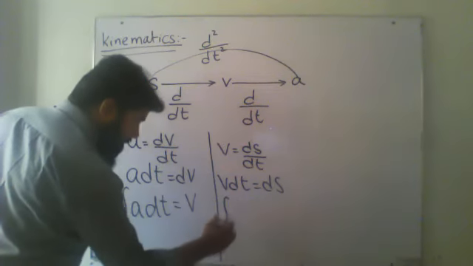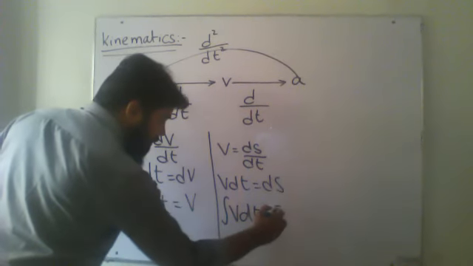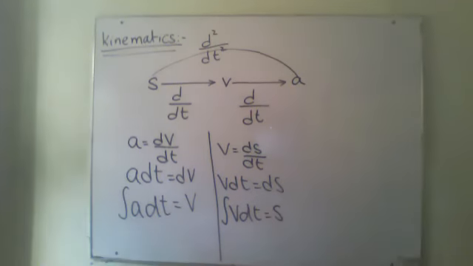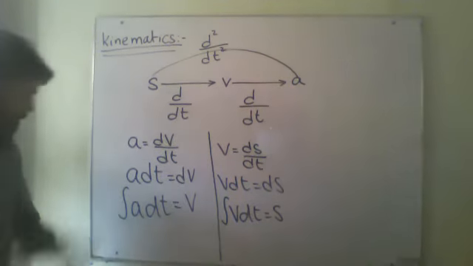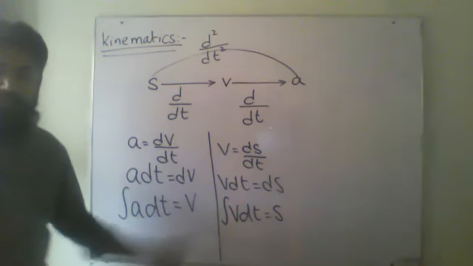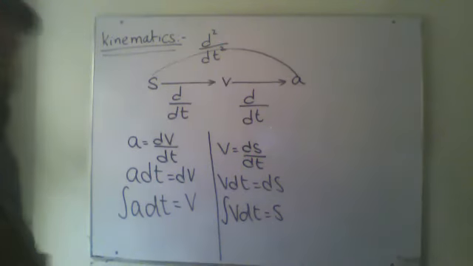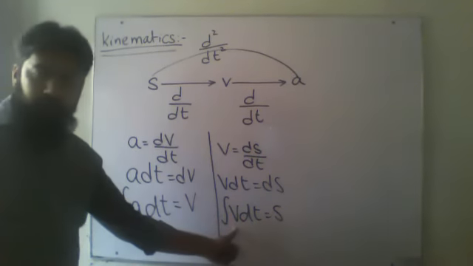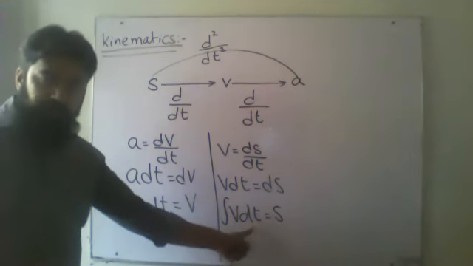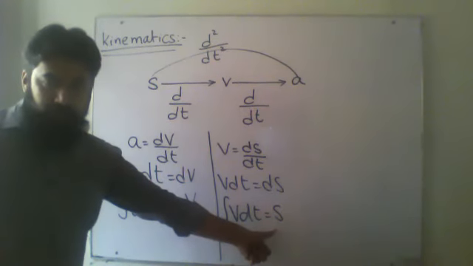This will become integral of v dt equals s. So the integral of a with respect to time is velocity, and the integral of velocity with respect to time is displacement.